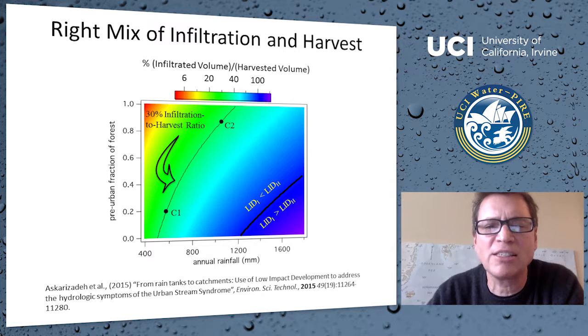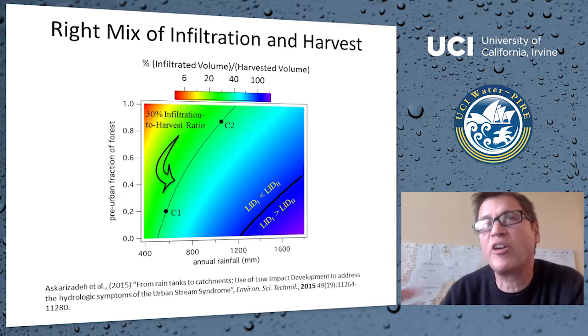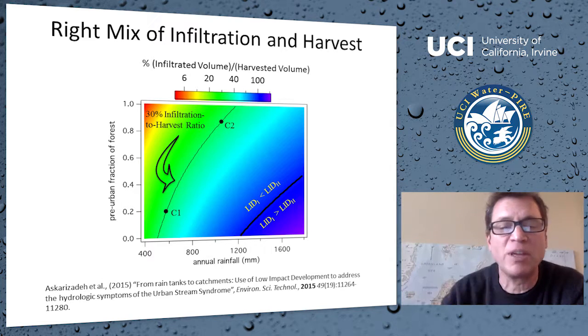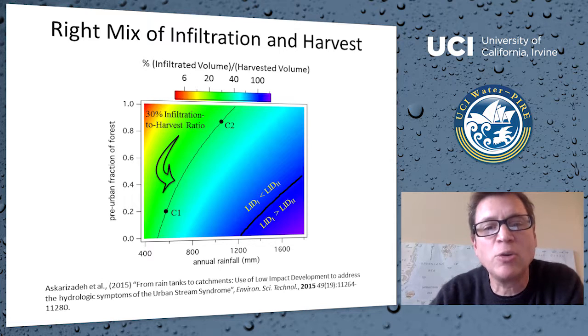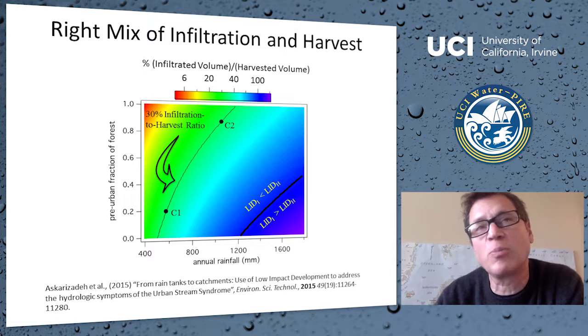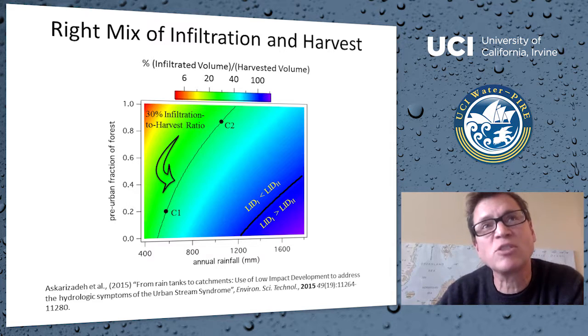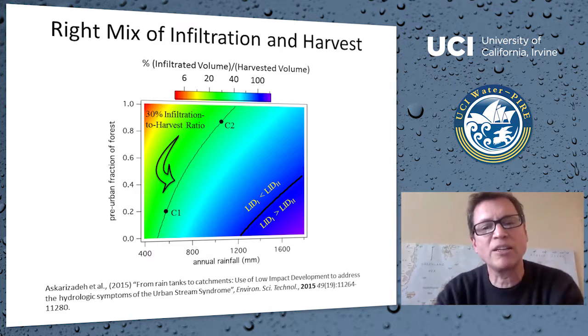And this really has to do with that pre-urban fraction of forest, because trees are very good at evapotranspiring. They're much more effective at moving water into the atmosphere than is a grassland. As you increase the fraction of forest, that means that under the pre-urban condition, less water was infiltrating. More of it was going back into the atmosphere.